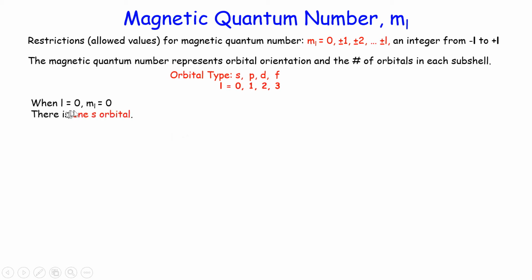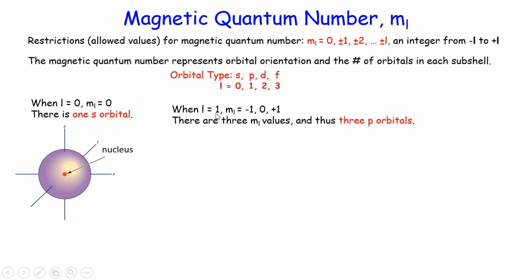When L equals 0, then ML can only be 0 based on the rules here. Therefore there is only one s orbital because there is only one ML value.